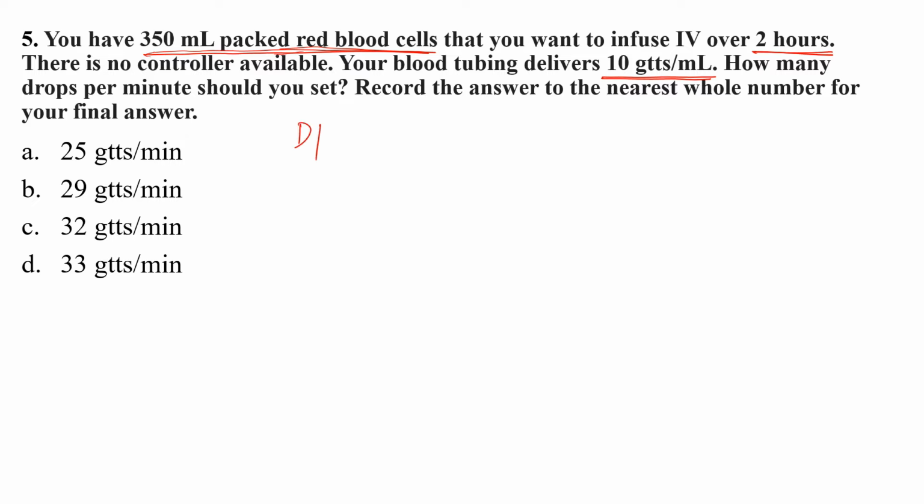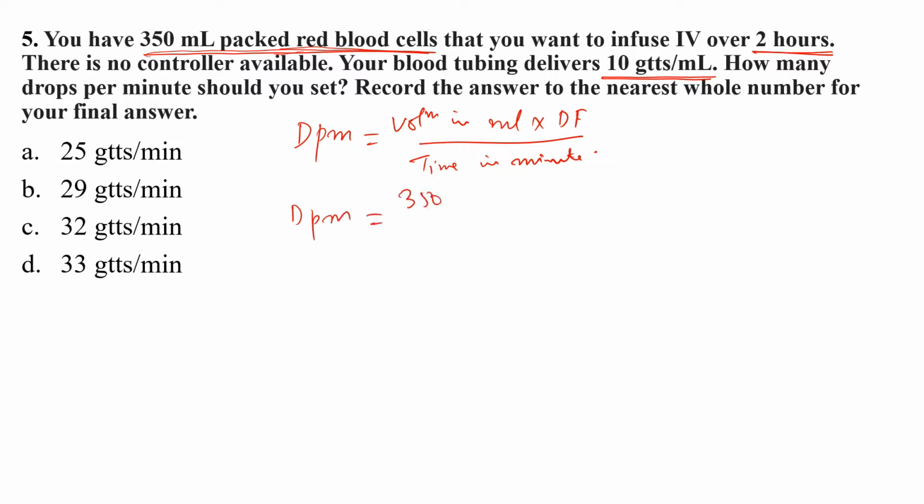So we have to find the drops per minute, that is volume to be infused in ml multiplied by drop factor divided by time in minutes. So drops per minute will be 350 ml multiplied by 10 drops per ml, divided by 2 hours multiplied by 60.